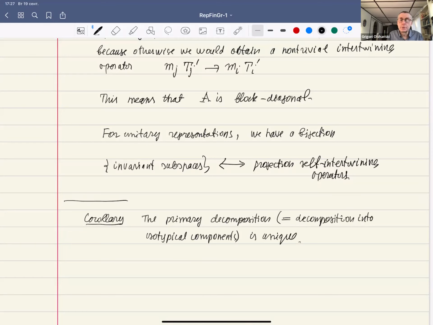This is easy to see once we know how to obtain all invariant subspaces. It's a little exercise to see that we have this claim.